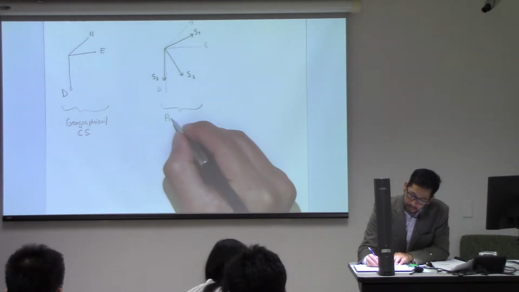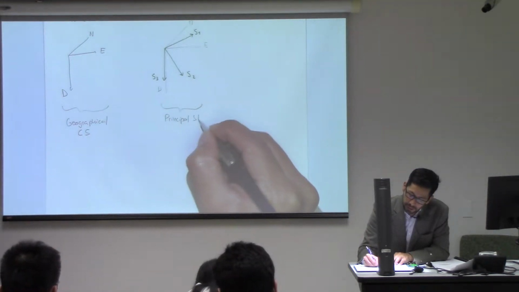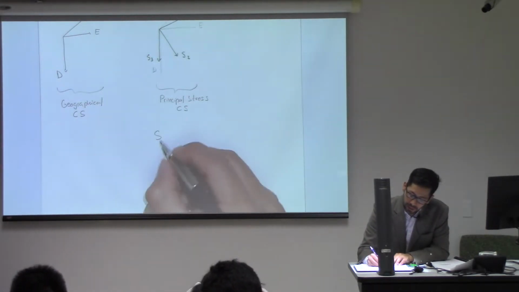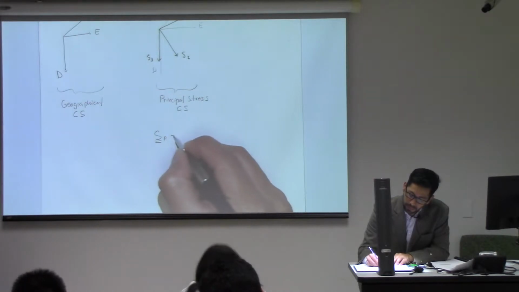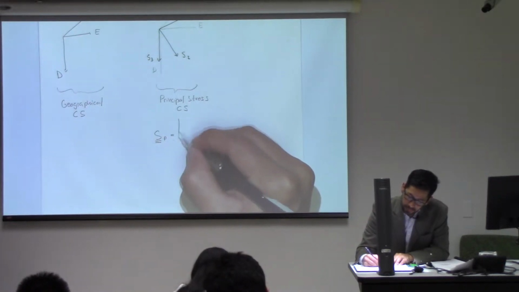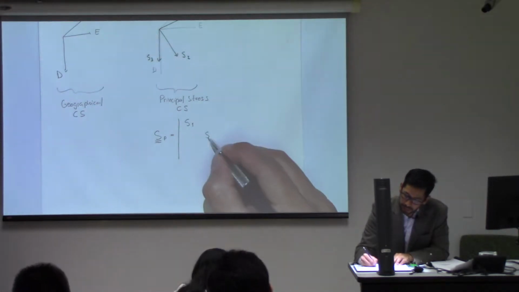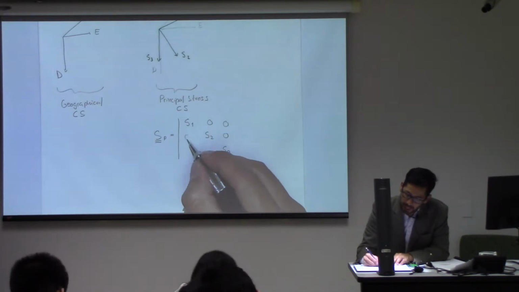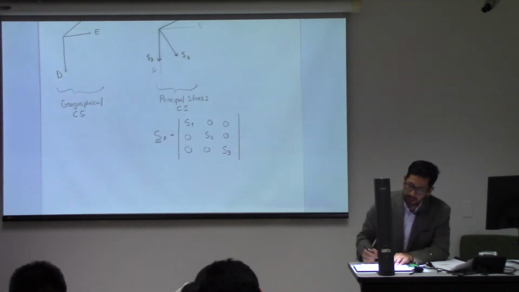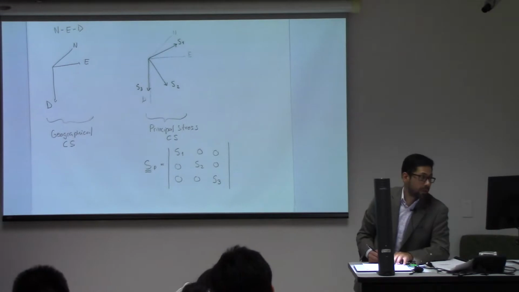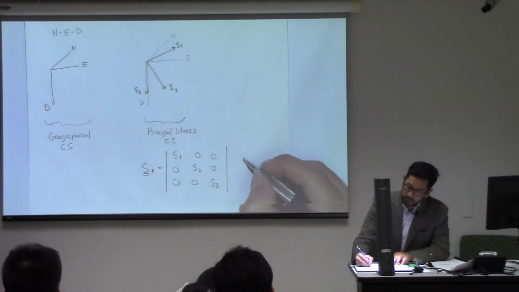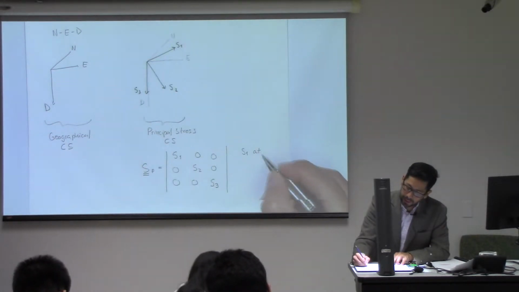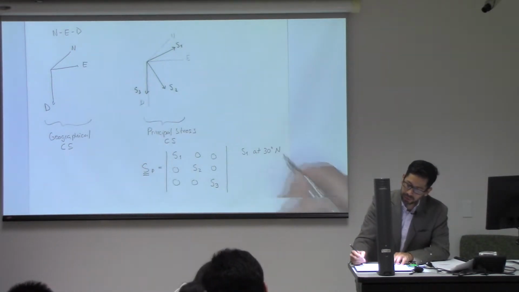Here, from the principal stress coordinate system, you could write your stress tensor, say SP, equal to S1, S2, and S3. And you could say, in addition, let's say for this example, that S1 is at 30 degrees from the north.